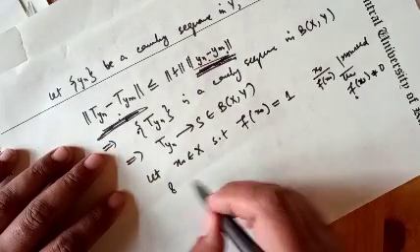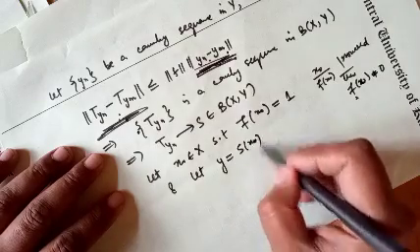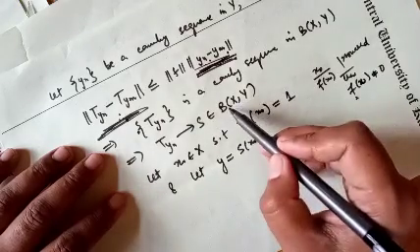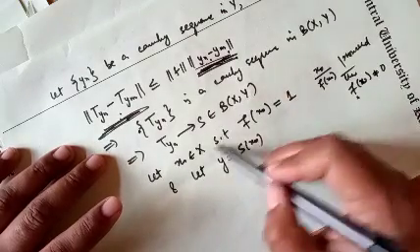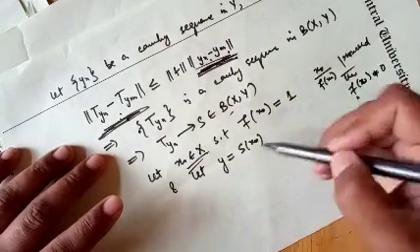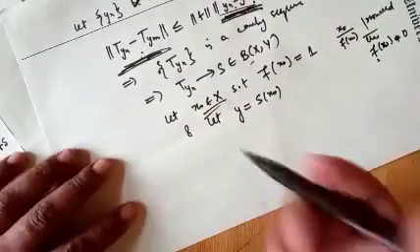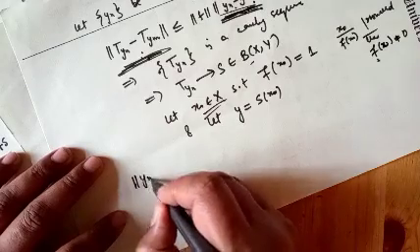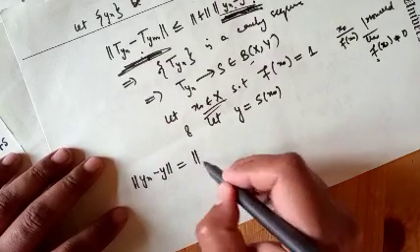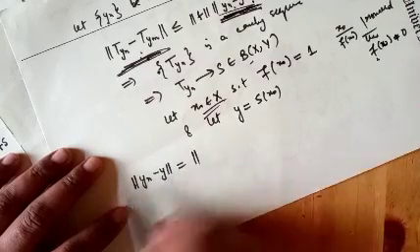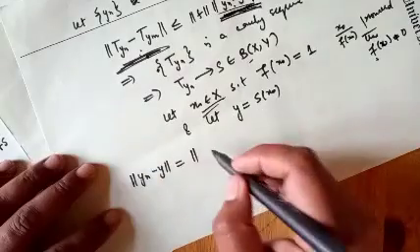And let y be equal to S of x_0. Now S is a mapping from X to Y, so it would send x_0, which belongs to X, to a vector in Y. Let's call it small y, because it lives in capital Y. Now look at this, norm of y_n minus y. I can swap it, because the norm would not be affected.